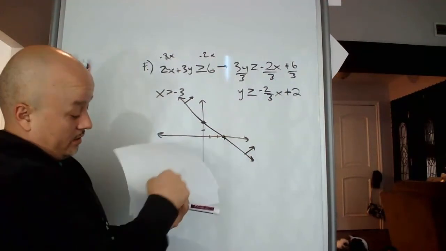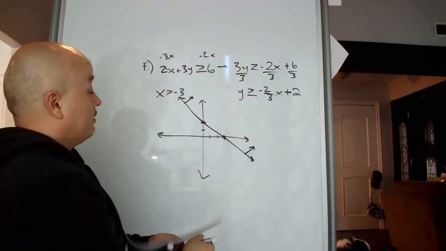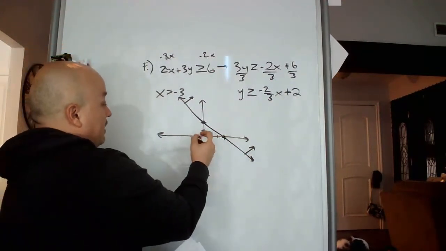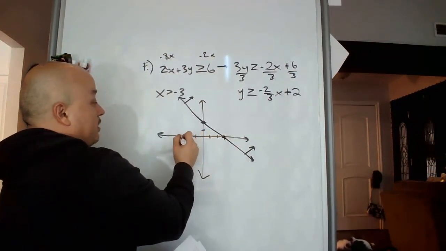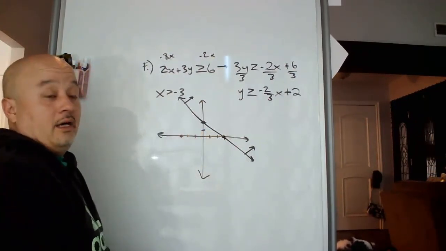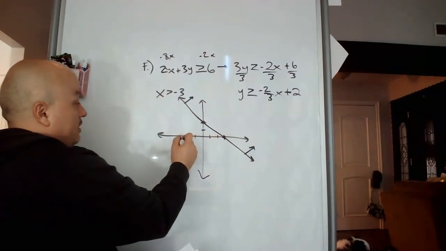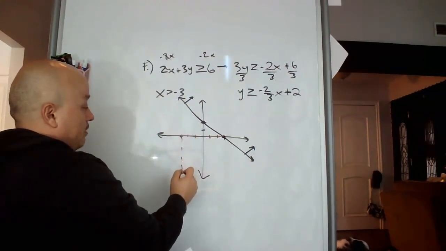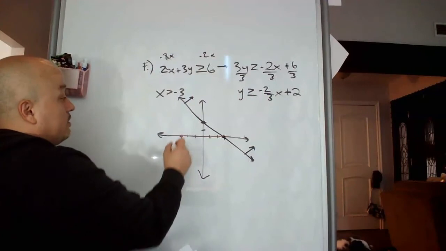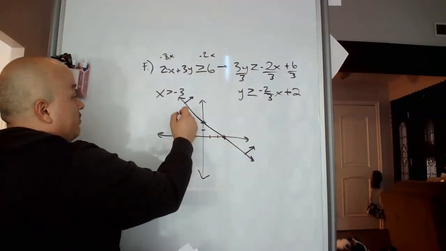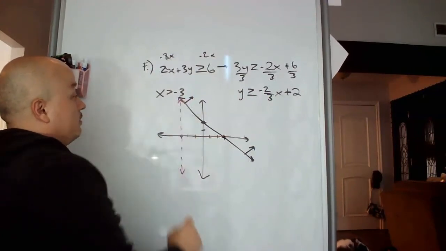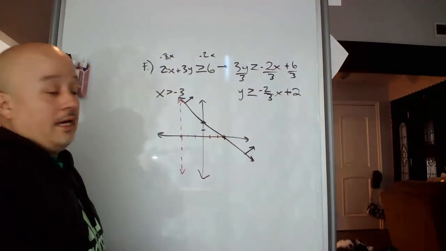And then this one, x is greater than negative 3. Well, all I have to do is go to negative 3 on the x-axis. 1, 2, 3, and it doesn't have equal to, so it's definitely a dashed line. Remember, I told you it'd be a vertical line, so a line where x is greater than negative 3 is vertical.